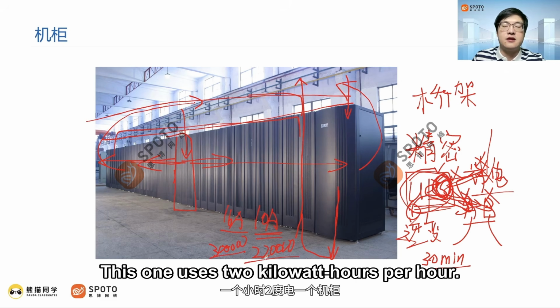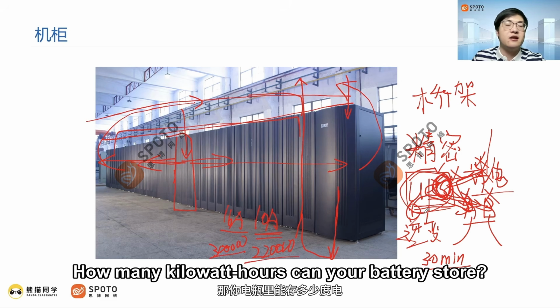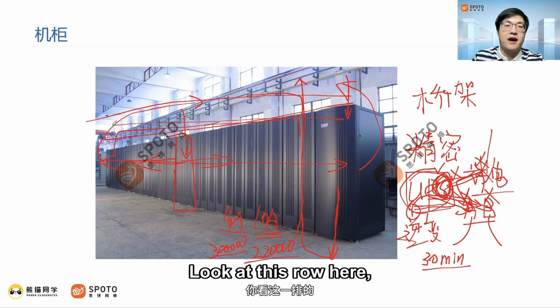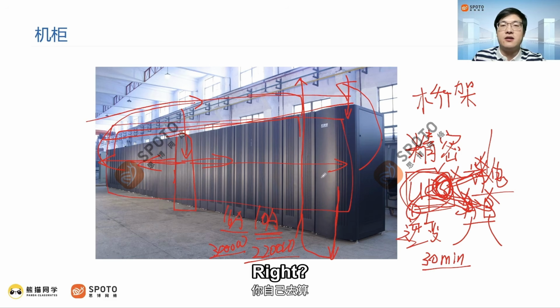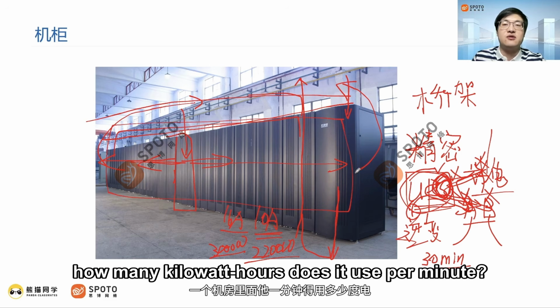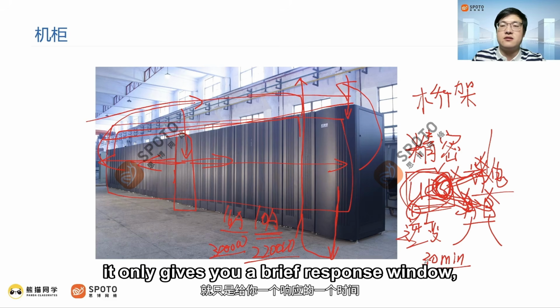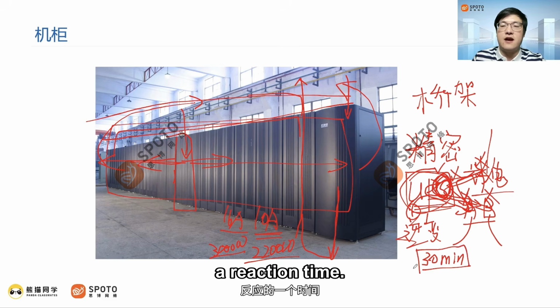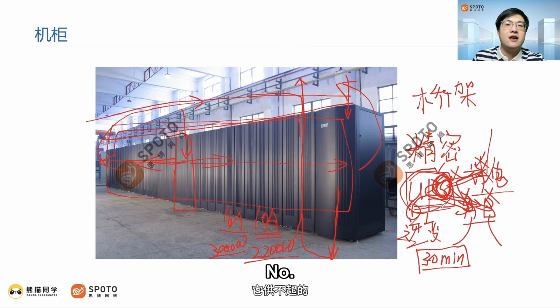How many kilowatt hours can your battery store? Look at this whole row of cabinets, each drawing 2 or 3 kilowatts. You figure out how many kilowatt hours it uses per minute. So a UPS device only gives you a brief response window, a reaction time. It can't handle long-term power supply.